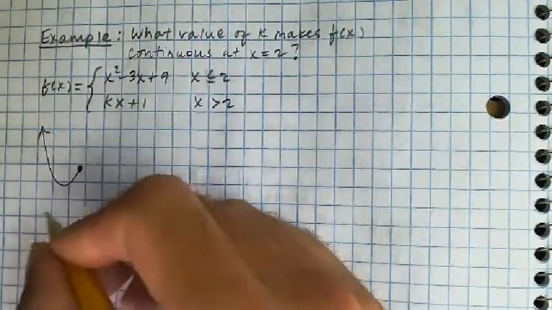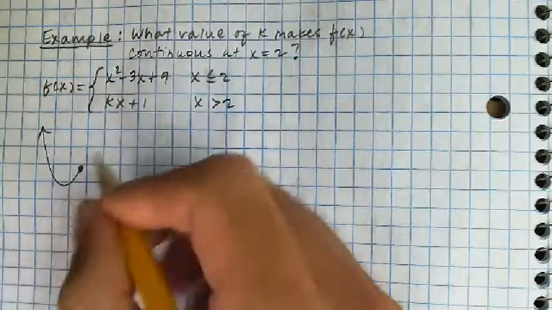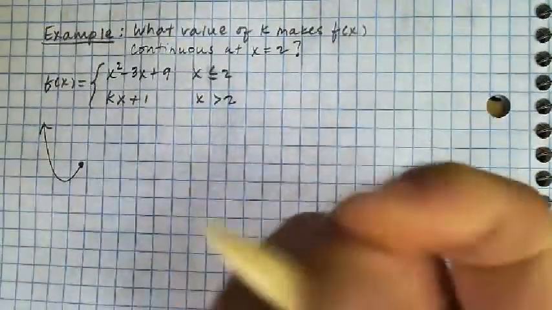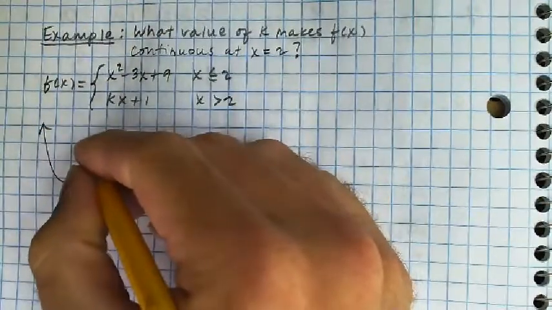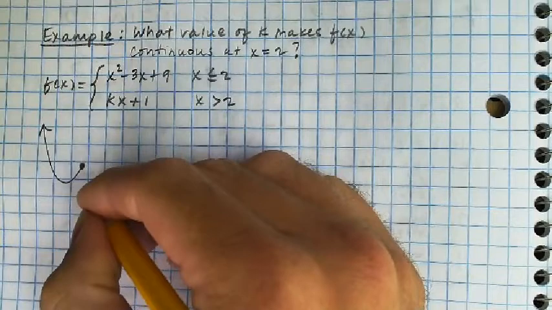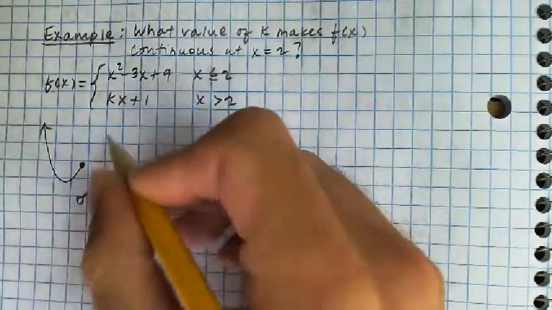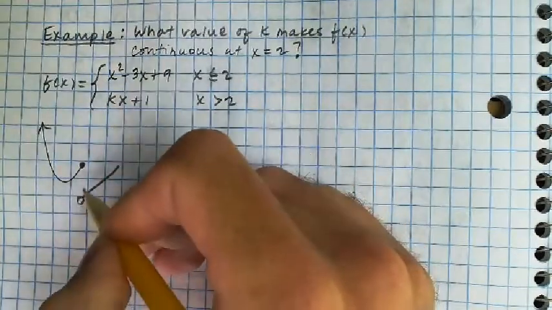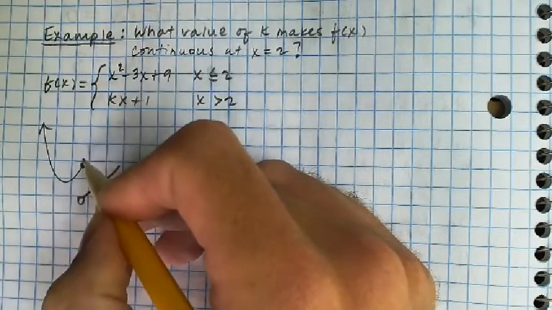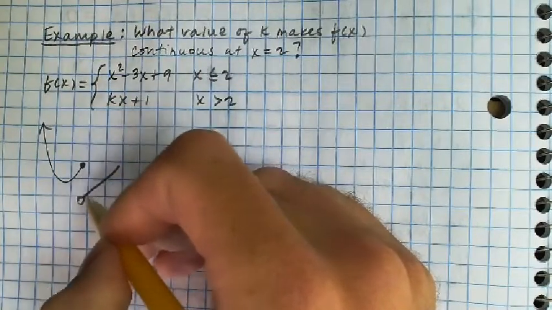And then I've got this function that has a fixed y-intercept but a variable slope. But I'm just going to say maybe it comes through here. What we need to do is manipulate this k so that it's going to actually pass through here. Okay?